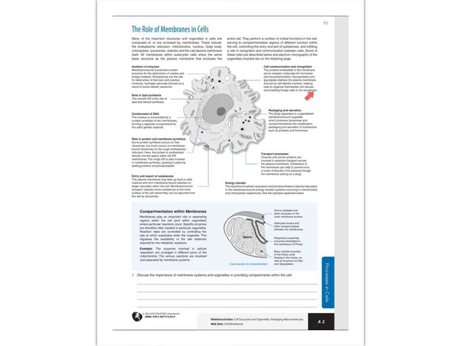You'll find a lot of the answers to the questions we just went through on this slide, or on this page. The role of protein in membrane synthesis, right? Some protein synthesis occurs on free ribosomes, but much occurs on ribosomes bound to the rough endoplasmic reticulum, right?